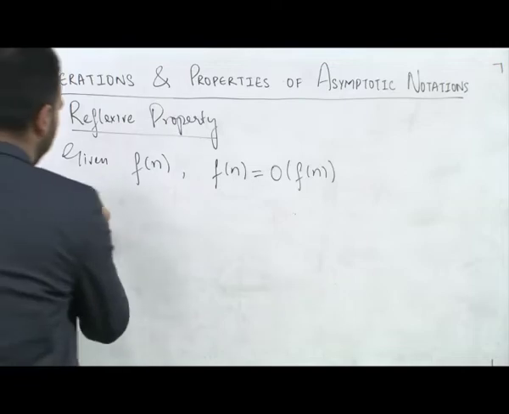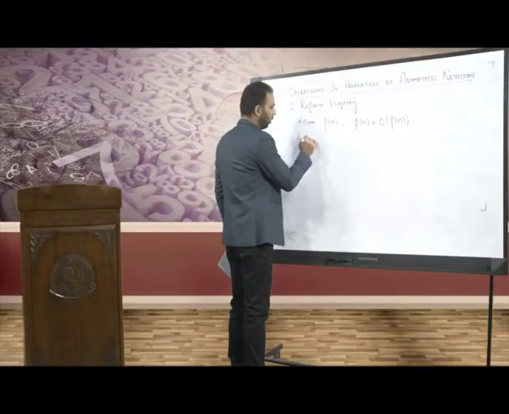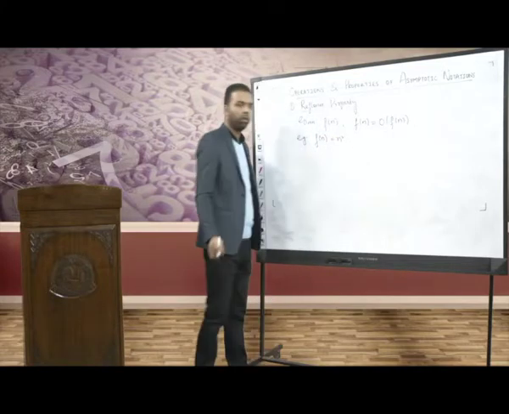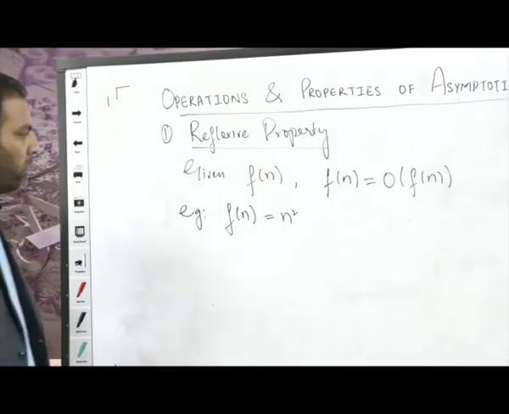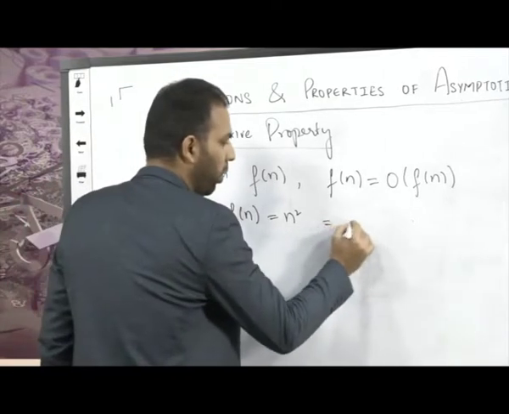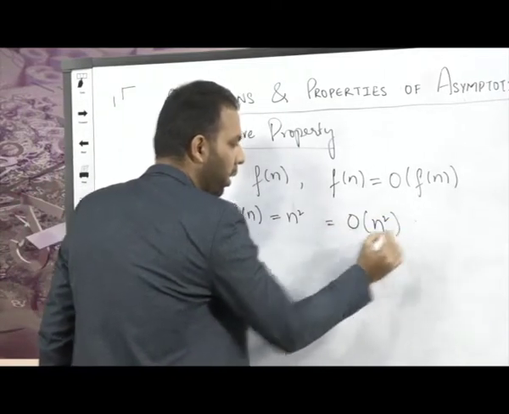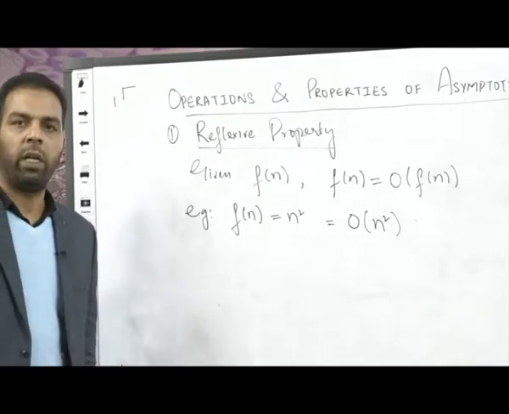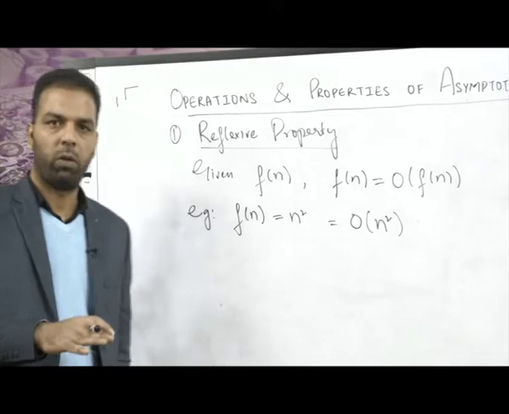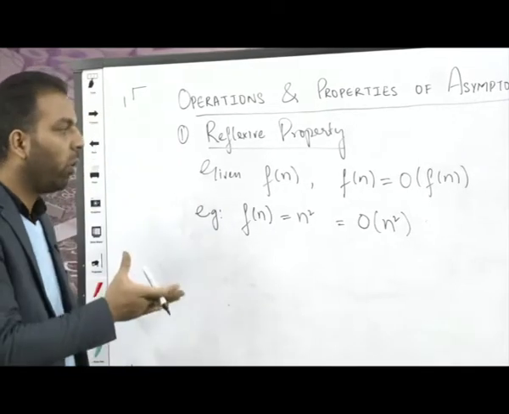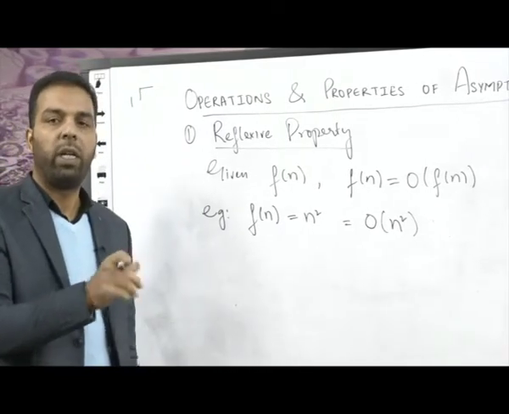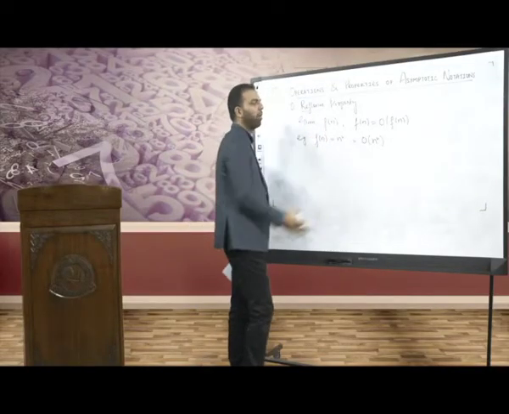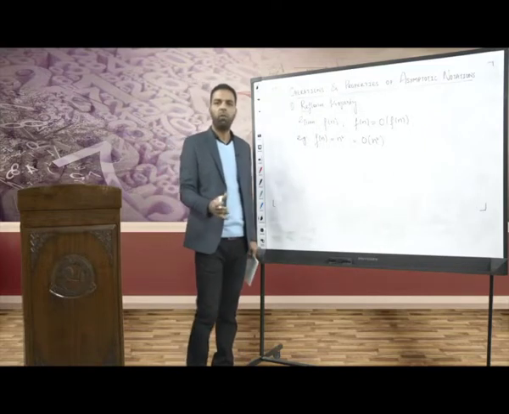Say we have f of n which is equal to n square. So we know it is equal to order of n square. Fine. So we can set any function as its own upper bound. Because we are talking about upper bound, we are not talking about the tight bound. So for upper bound, we have a reflexive property that if we have f of n, then f of n is equal to order of f of n.